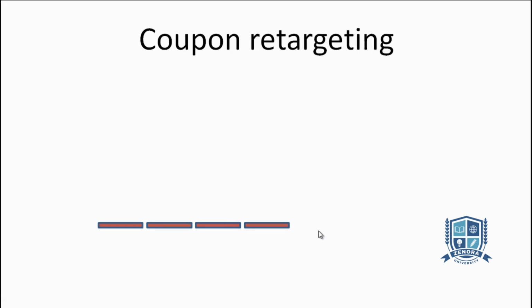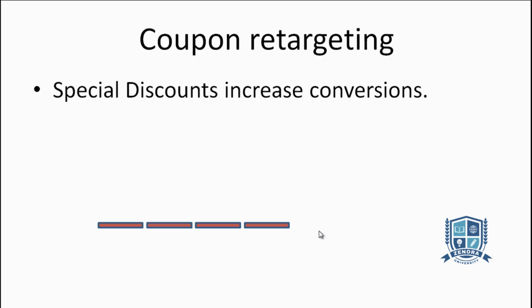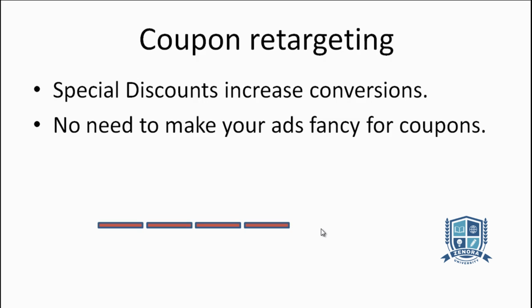Now, in terms of increasing your conversions when utilizing coupons and coupon retargeting, what you can do is this. Special discounts will increase your conversions. In terms of your ads and the graphics and so forth, what I found is there's really no need to make your ads fancy for coupons.